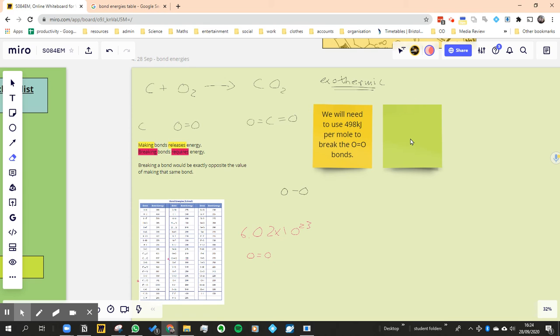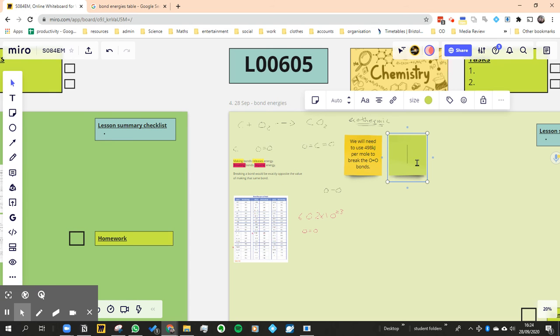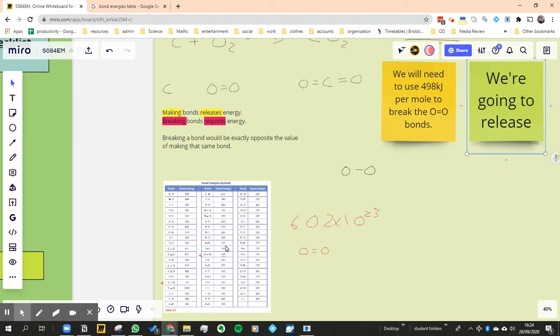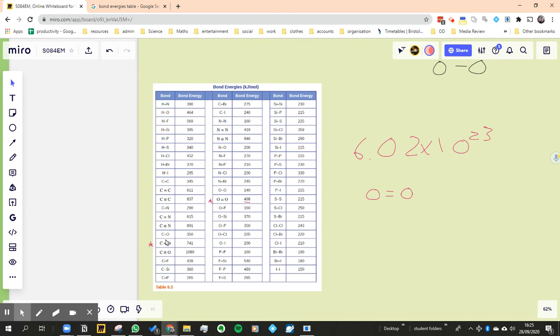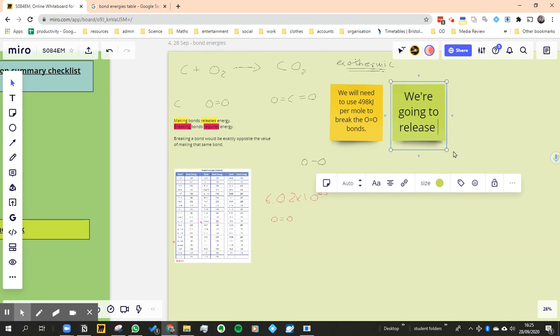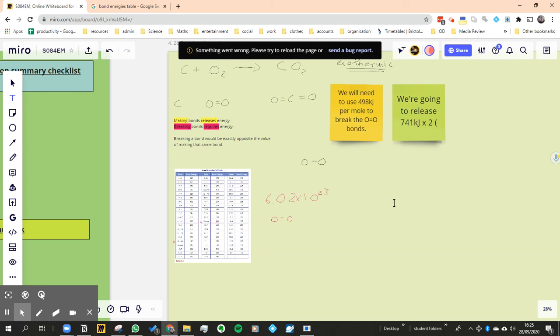We're going to release 741 kilojoules times 2, which is 1,480.